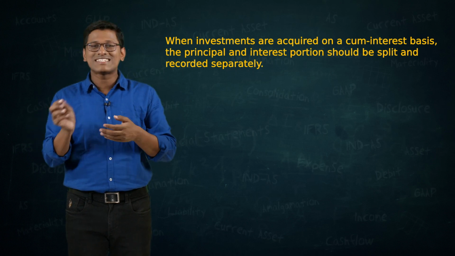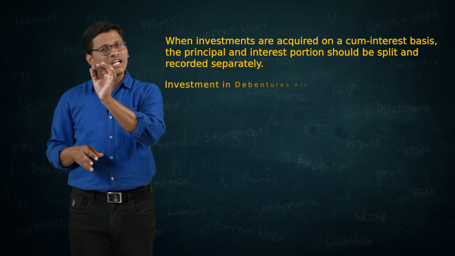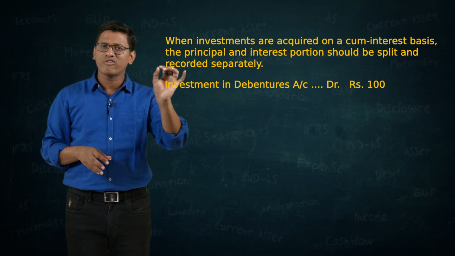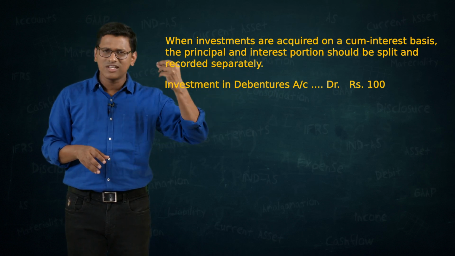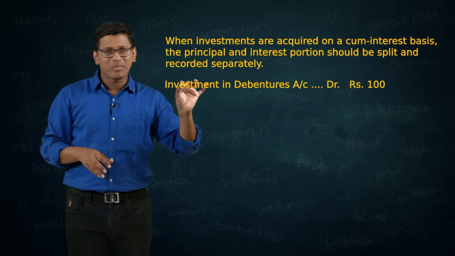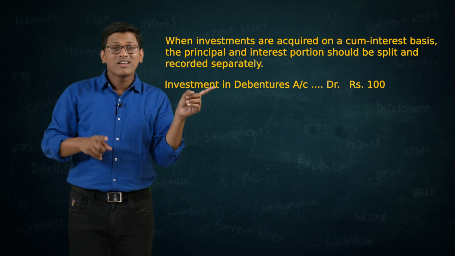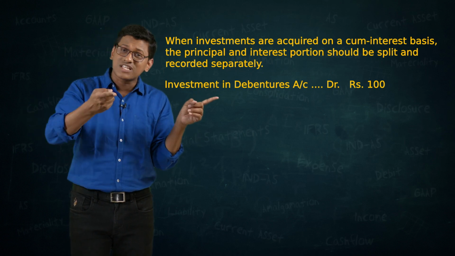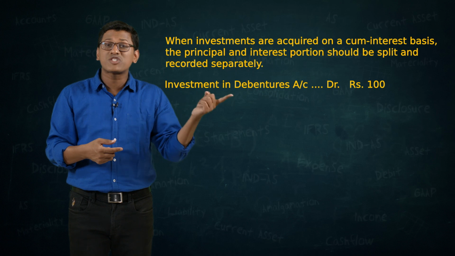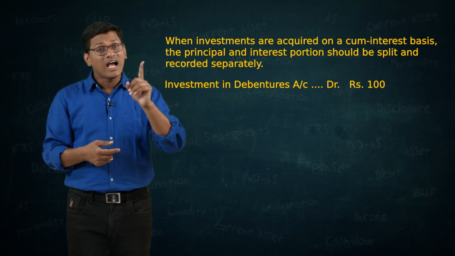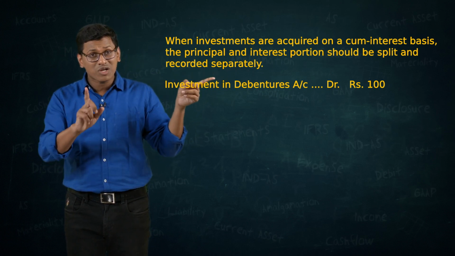So friends, basically in such case, what should the journal entry be? Investment in debentures of so and so company, whatever, Tata Steel or any, whatever be the company, account debited with what value? What is the portion you are paying towards principal? So if you are paying 100 rupees towards principal, that much you will write. This is not the face value of debenture, mind you friends.